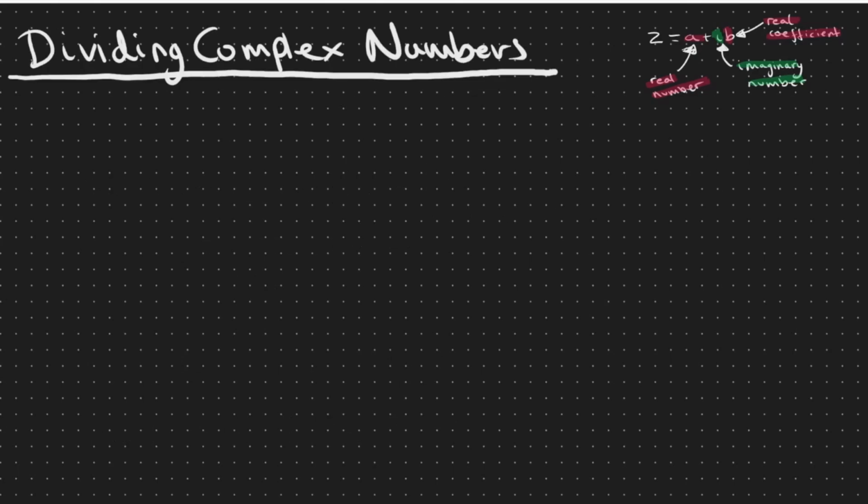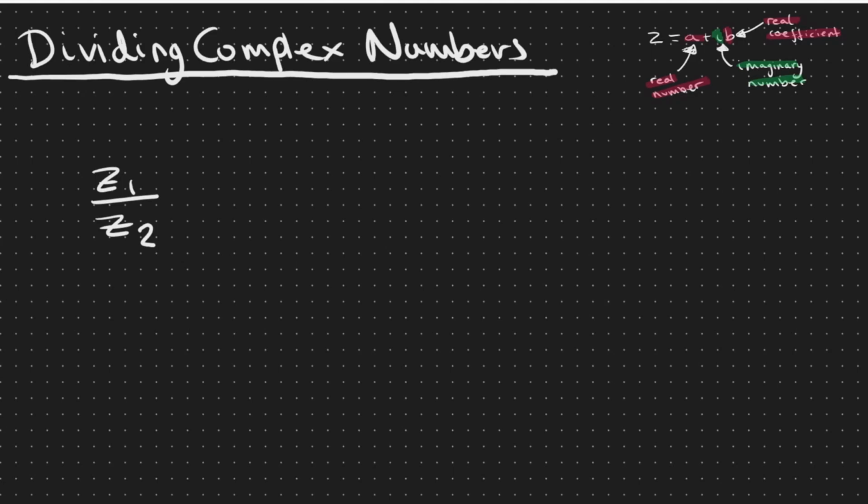Okay, so now that we understand the conjugates, let's use them for division. Dividing complex numbers isn't as straightforward as dividing real numbers, because we can't leave an imaginary number in the denominator. So the trick is we multiply the top and the bottom by the conjugate of the denominator. That way the denominator becomes real.